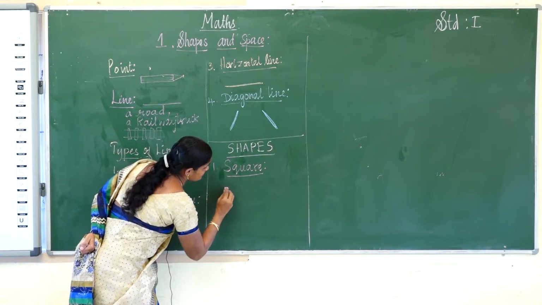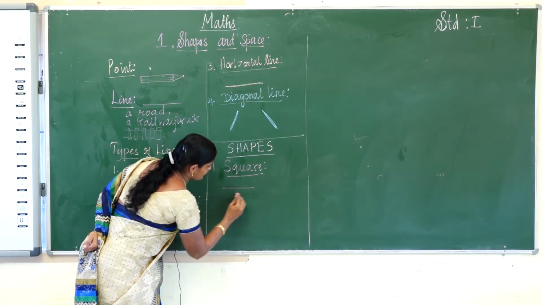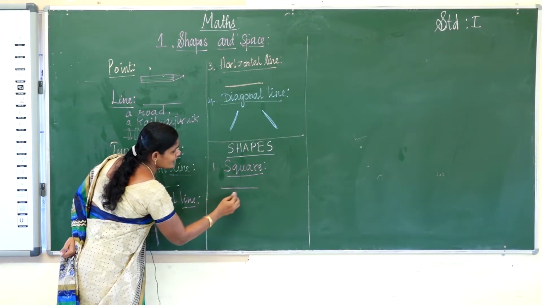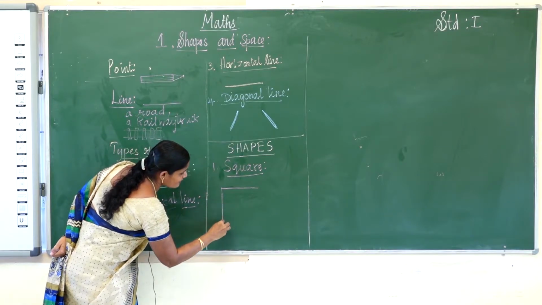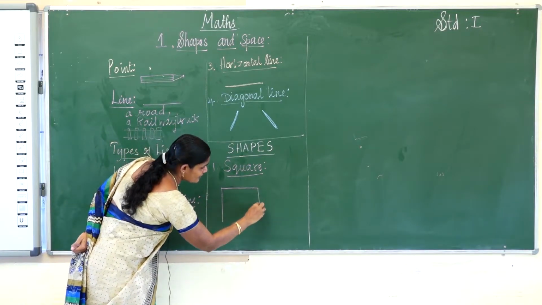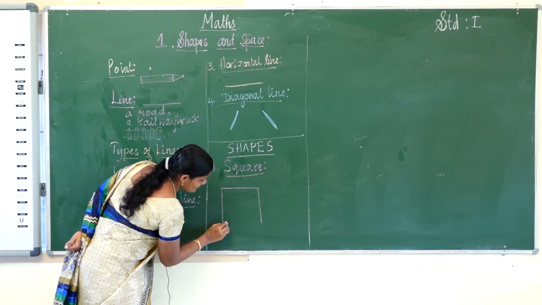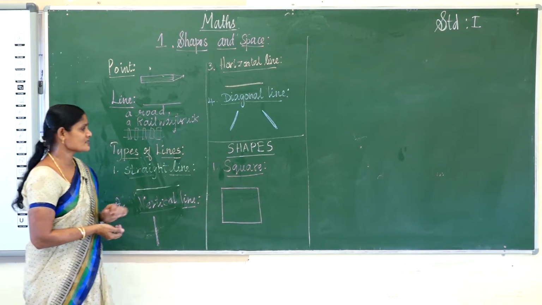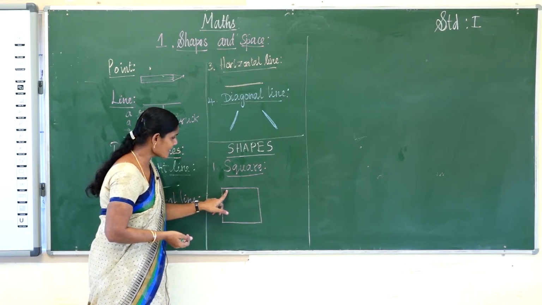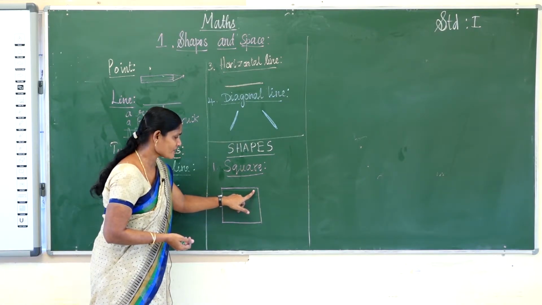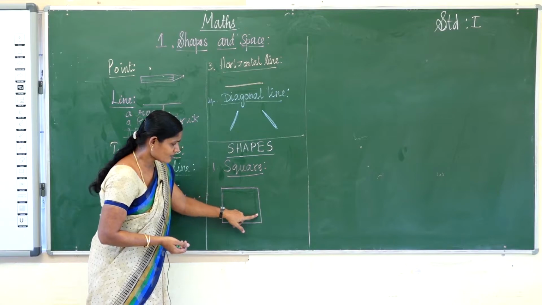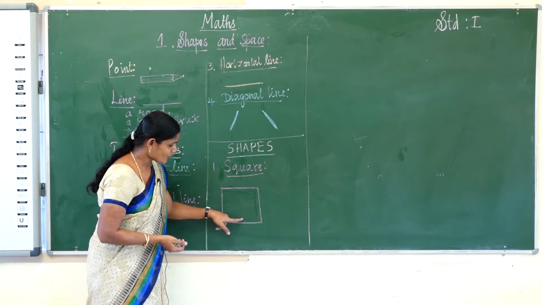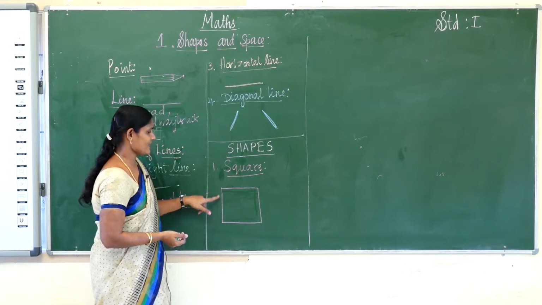First we draw the horizontal line, then another vertical line, then here another vertical line, then a horizontal line to join all the lines. Okay, this is the square. First you draw the horizontal line, afterwards draw the vertical lines.